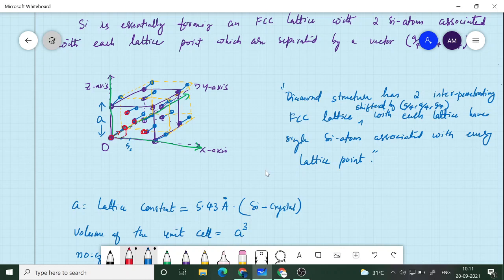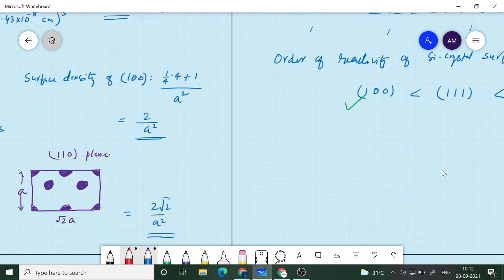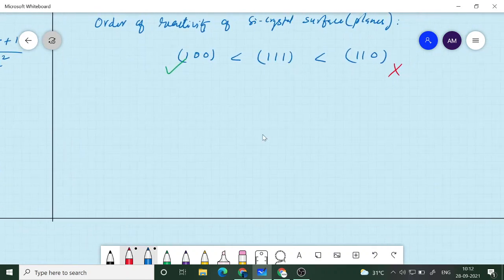So I am looking at only these 4 atoms, which are basically the nearest neighbors. If you just take that part, you can see each silicon atom you can think about now like a tetrahedron.